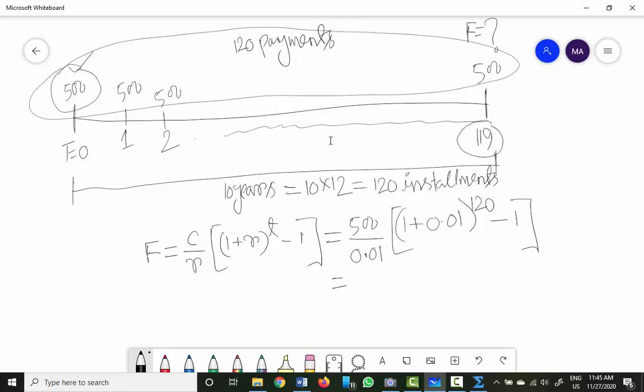So let me calculate it for you. 500 divided by 0.01, bracket, 1.01 power 120 minus 1, bracket close. So that means we should get, let me check it again. Yes, right.